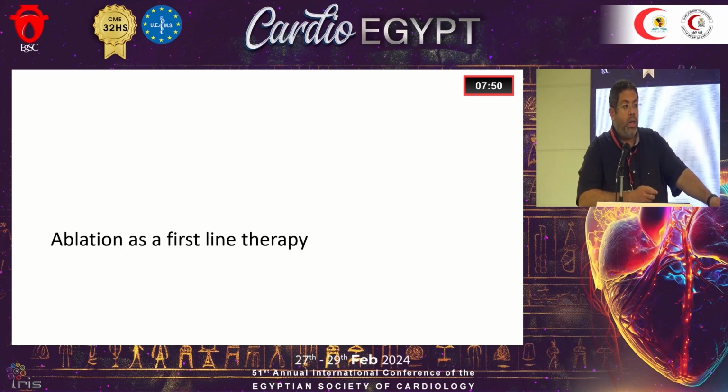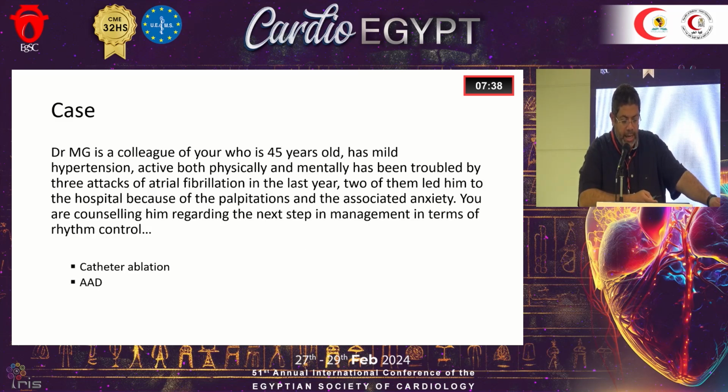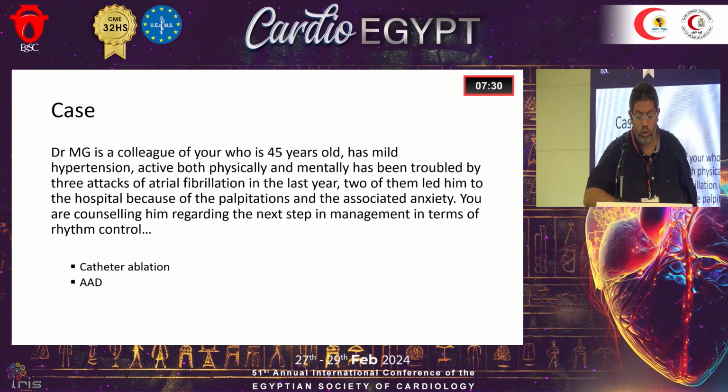So what about catheter ablation as the first line? If you decided on a rhythm control strategy, would you go from the get-go for an ablation procedure, or would you start off with medical treatment? We'll go through this case quite quickly. This is Dr. MG, who is a colleague of yours. He is 45 years old. He has mild hypertension. He is active both physically and mentally.